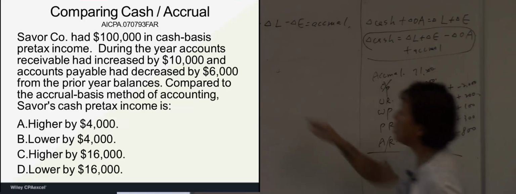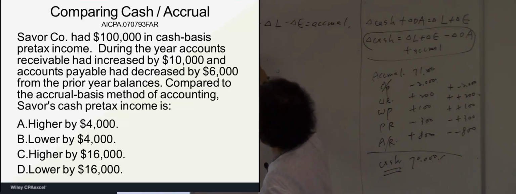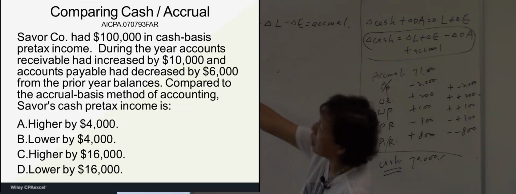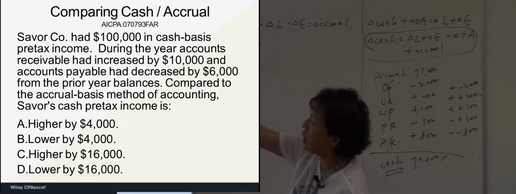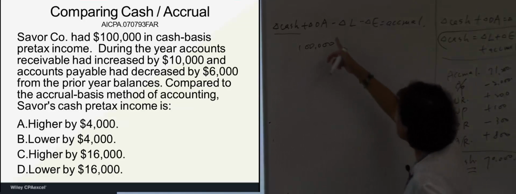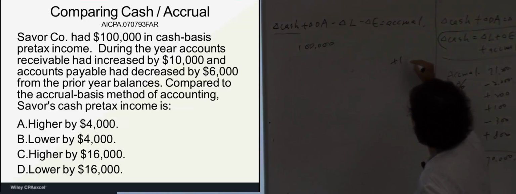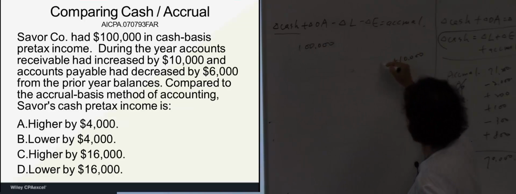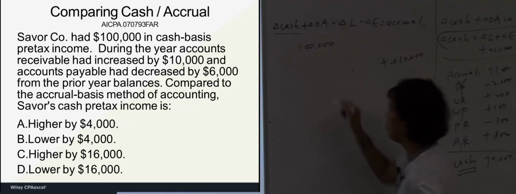Yes, okay? So cash amount is 100,000. This is the starting item. And it says accounts receivable increased by 10,000. Accounts receivable increase, so it's positive. And accounts receivable is an asset. The sign for asset is positive. Positive becomes positive.